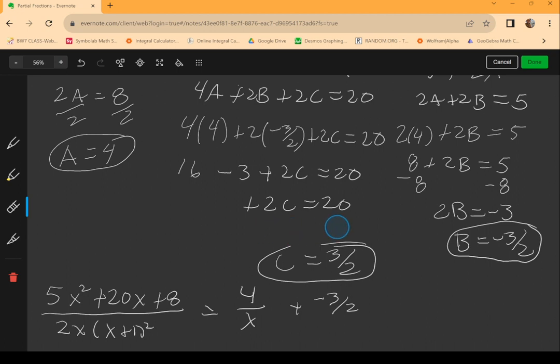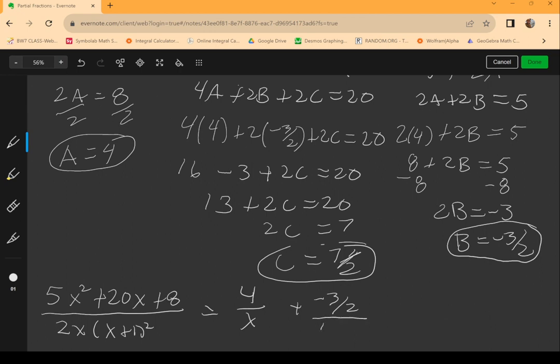Okay. 16 minus 3 is 13. Subtracting 13, we get 2c is equal to 7. And then lastly here, this becomes 7 over 2.